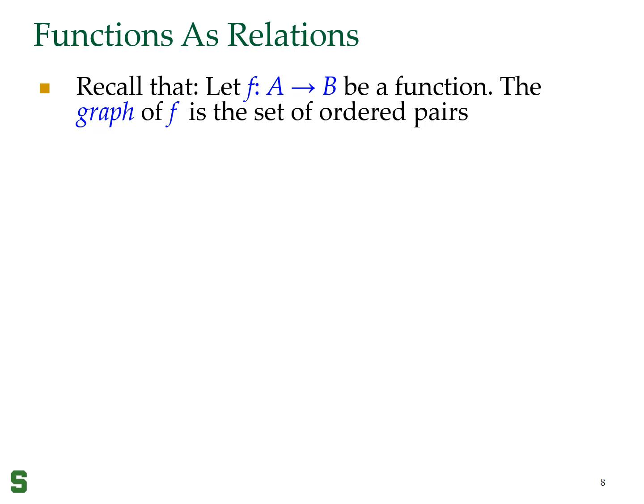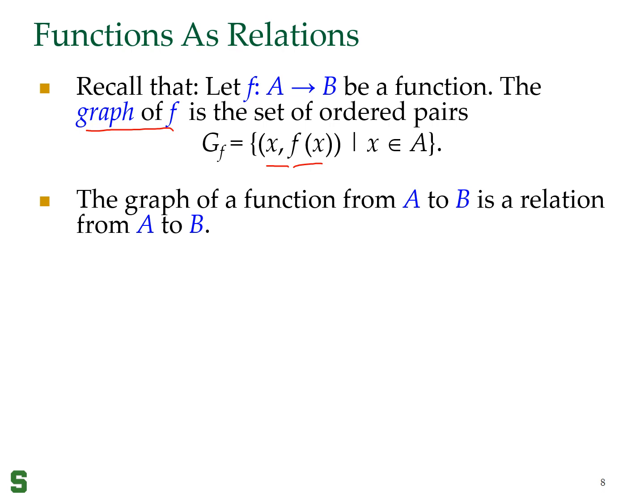We can treat functions, however, as relations. So if I have a function from A to B, we can think of the graph of F, which is a set of ordered pairs. The first element is X, the second element is where X maps to, which is F of X, and this will be a relation from A to B. In other words, if I have a function, I can convert it to a relation, but the reverse is not true because there are relations where there is no corresponding function.